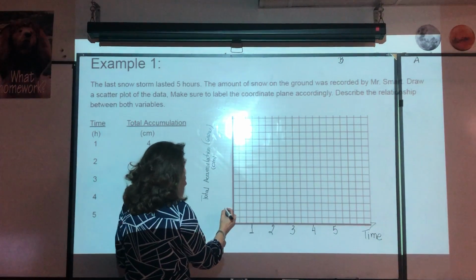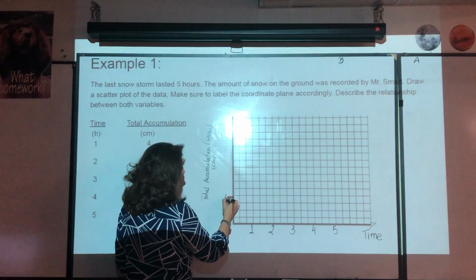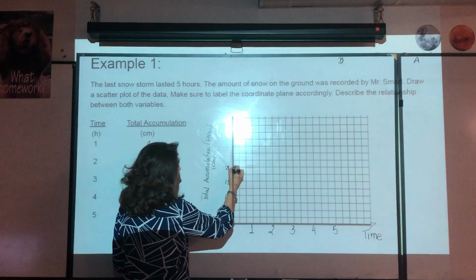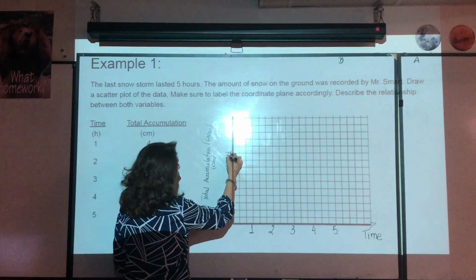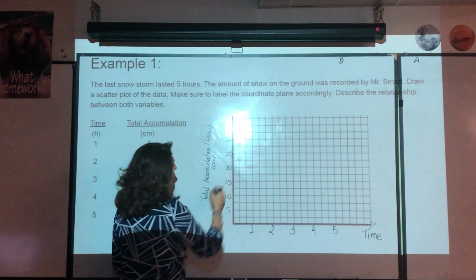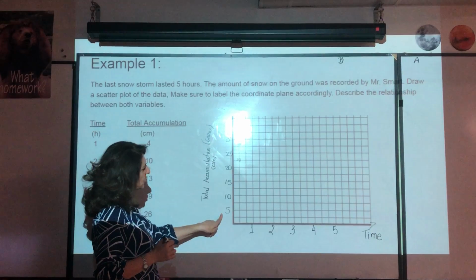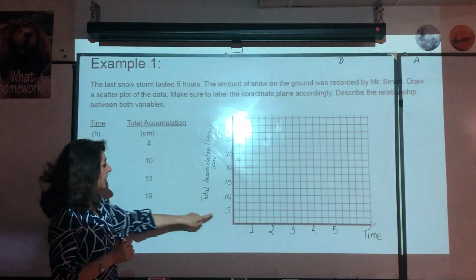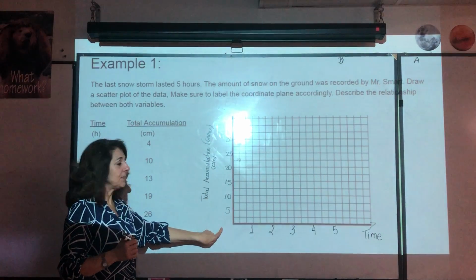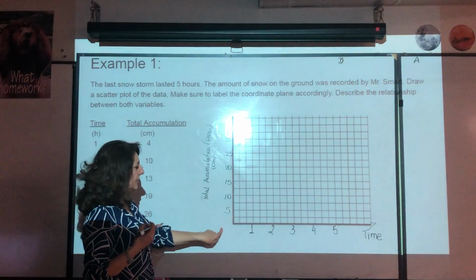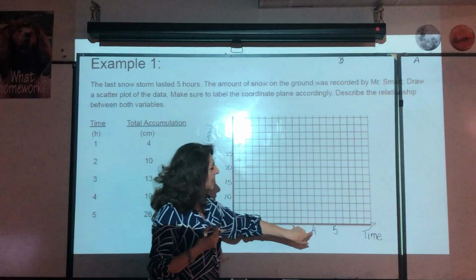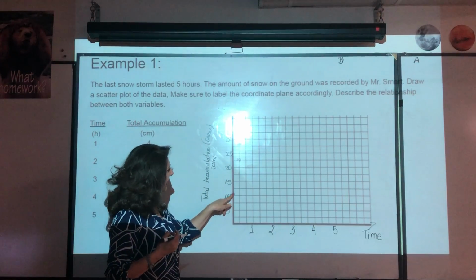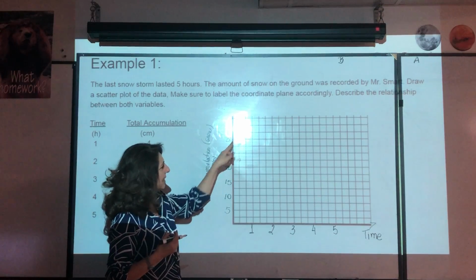So I can start with 5, 10, 15, 20, 25, and 30. So now I have all the numbers over here. I used all the numbers over here so I can graph everything. One thing that is very important, the interval here needs to be always the same. 5, 10, 15, 20, 25, and 30.